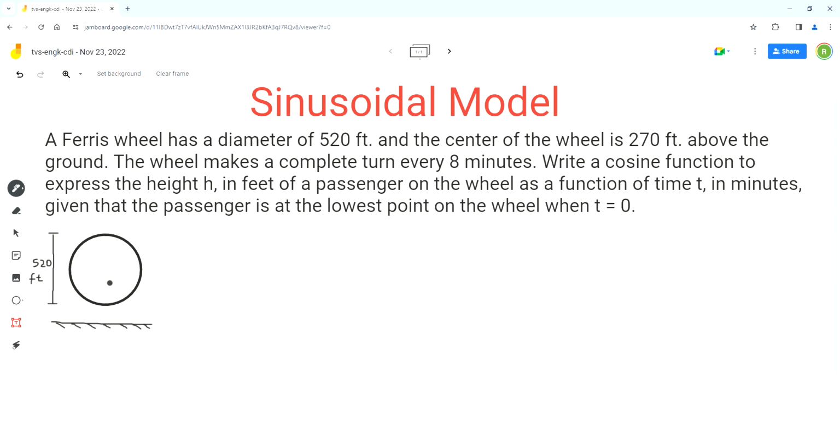Now the radius of the wheel, so the center is here, will be equal to half the diameter of the wheel. So half the diameter will be 520 divided by 2, which is equal to 260 feet.